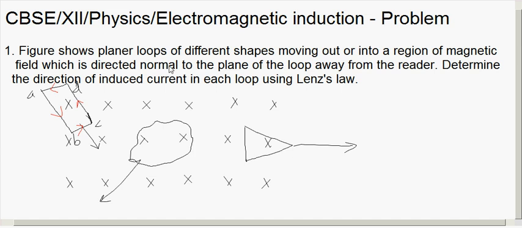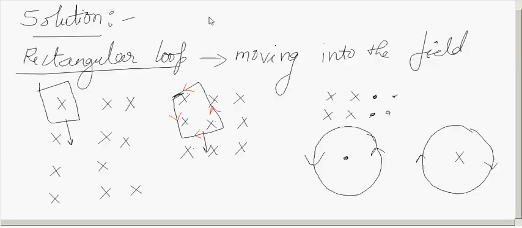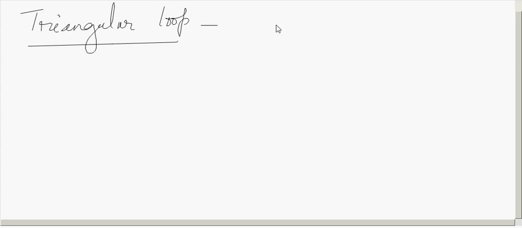Now what happens in the second case? We'll take this triangular loop. Now consider the triangular loop, it is moving away from the field.